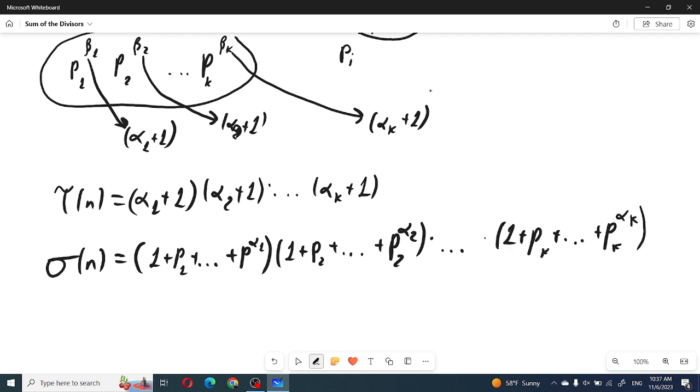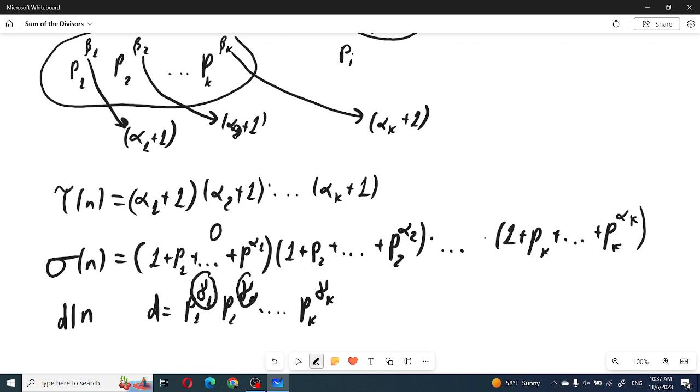If we are given any number d that divides n, and d equals p1 to the gamma 1, p2 to the gamma 2, up to pk to the gamma k, we will choose the term p1 to the gamma 1 from the first brackets.